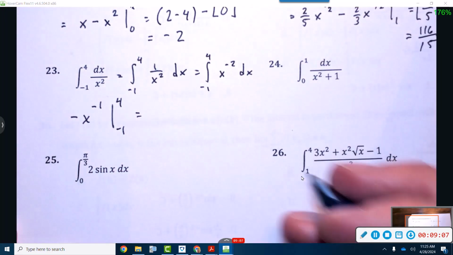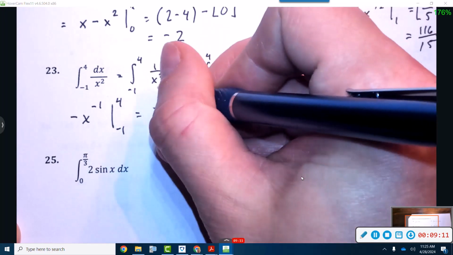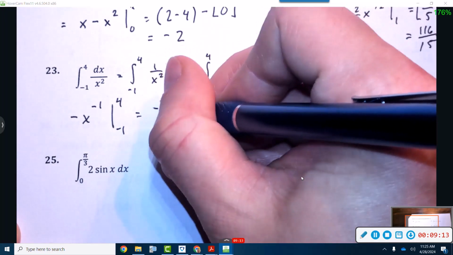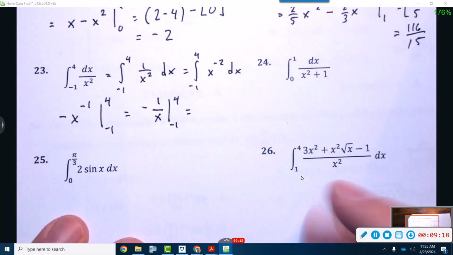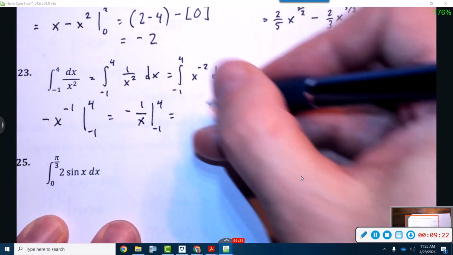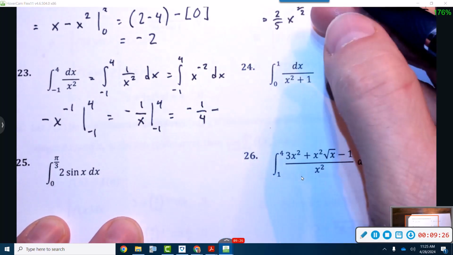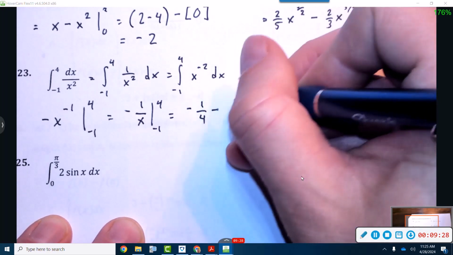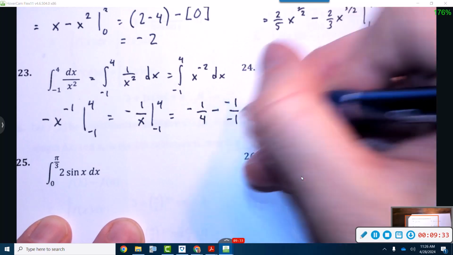That's easy enough. What does that look like? It looks like -1/x evaluated at 4 and -1. I think that just looks better actually to do rather than keep it like this. So we're going to go -1/4 minus a -1/1.